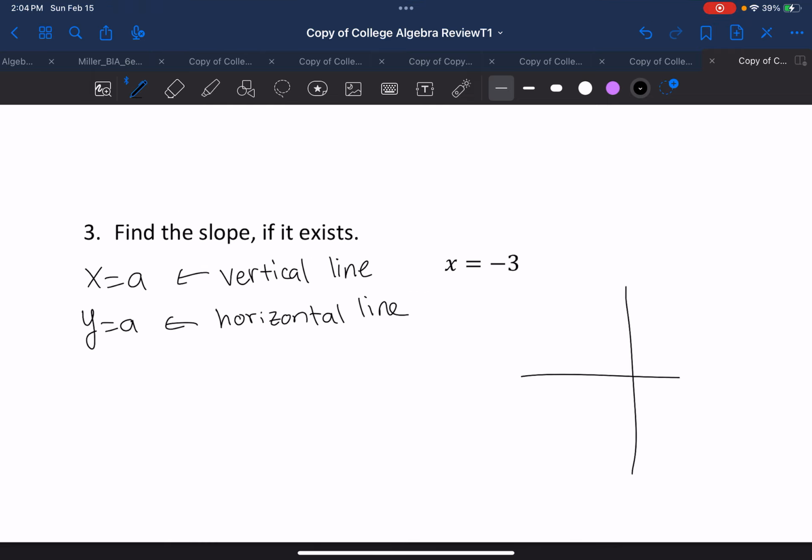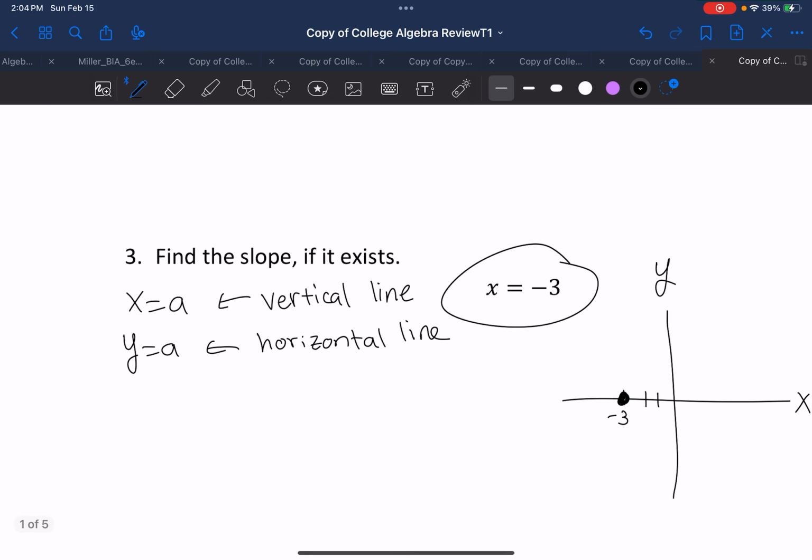And if I wanted to graph this, it says x is always equal to -3. So I would find -3 on the x-axis. And I would have a point there, because it doesn't matter what y is. And then to find another point with an x value of -3, since it always has to equal -3, I would either have to go up or down. Because if I move right or left, I'd be changing x values. But both of these points I have here also have an x value of -3.